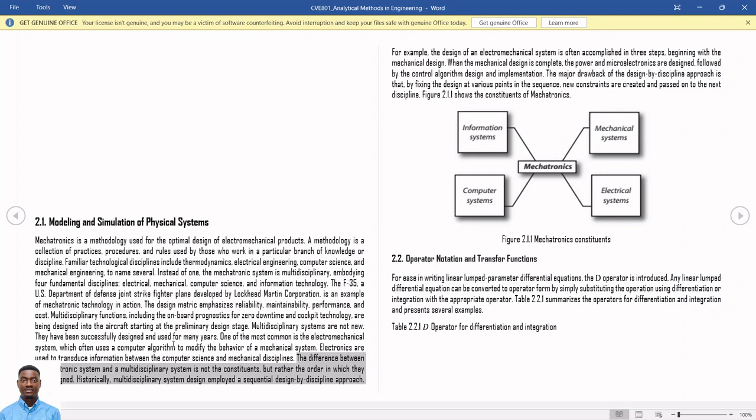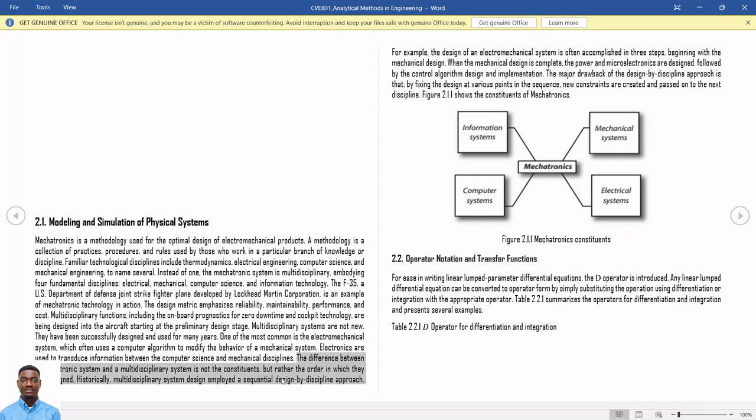What will happen is that the electrical discipline will complete their own design of that system first. Then they pass it on to the mechanical. After mechanical is done with their own design, they pass it on to the computer discipline.